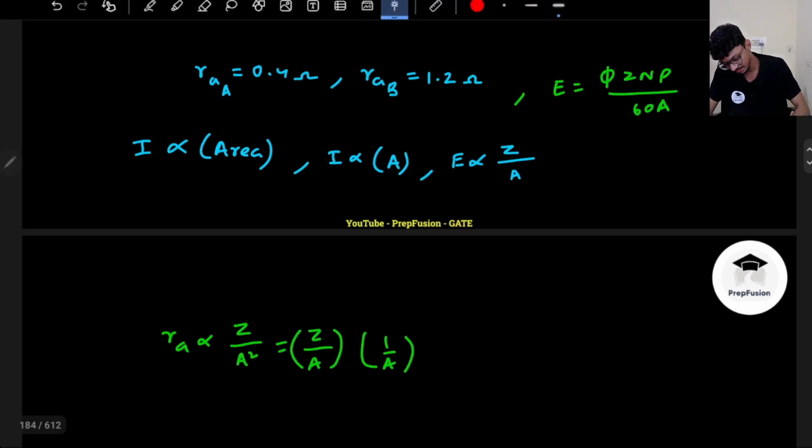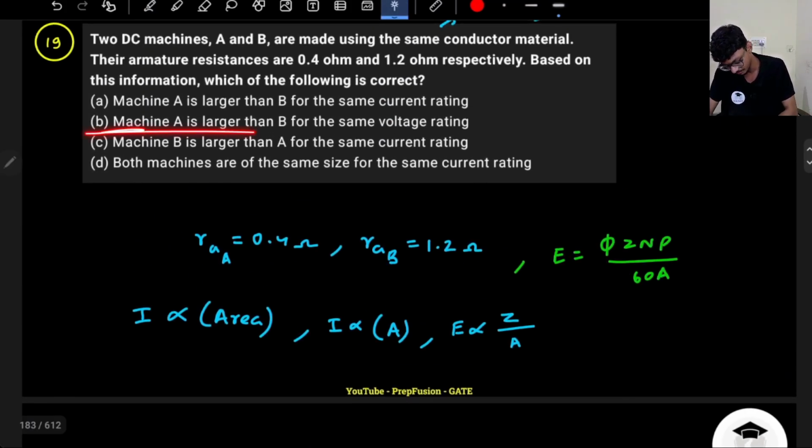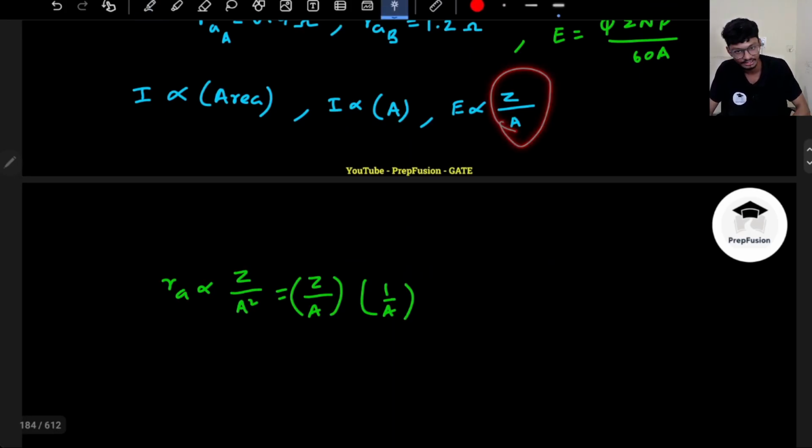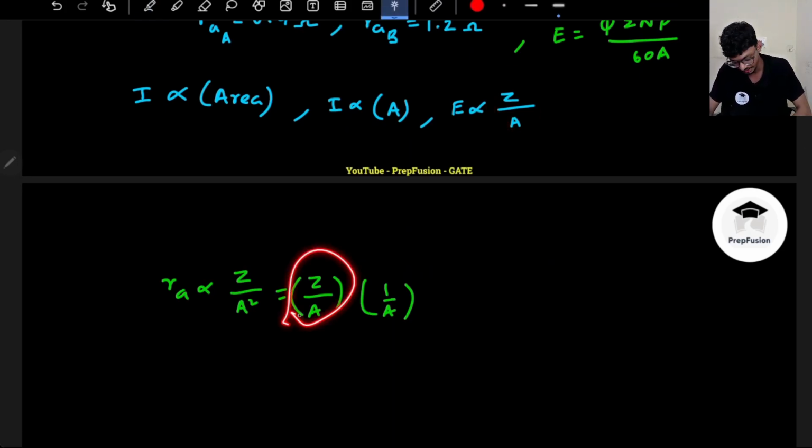For one of the cases, let's say option B, if I assume the voltage rating to be the same for both machines, that means Z by A will be the same for both machines. So Z by A will be constant.